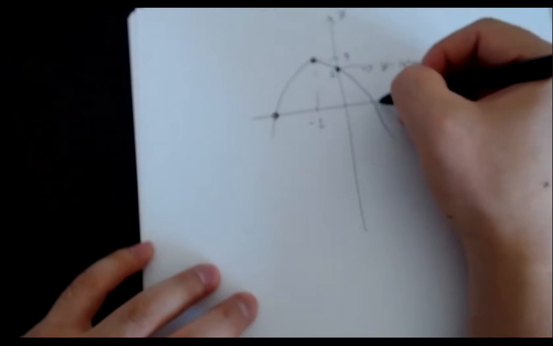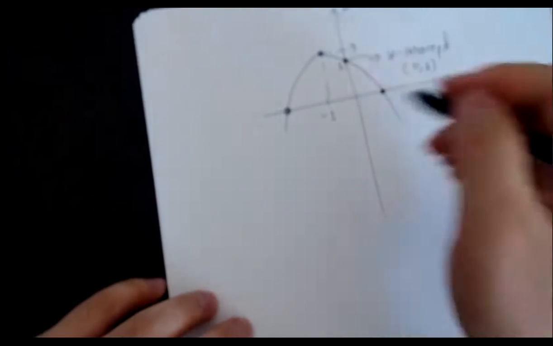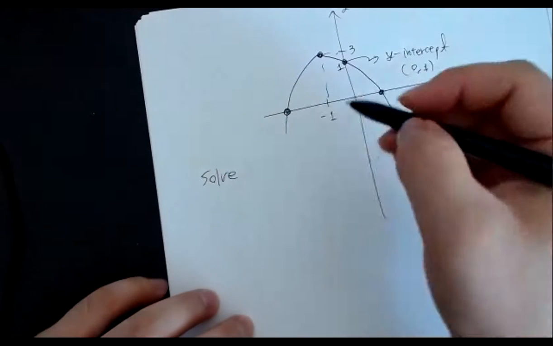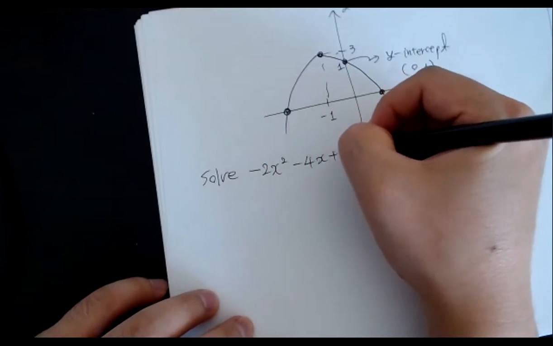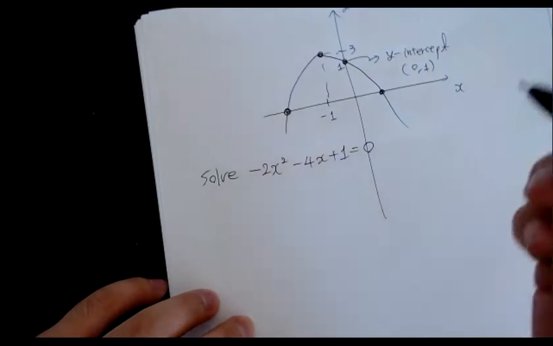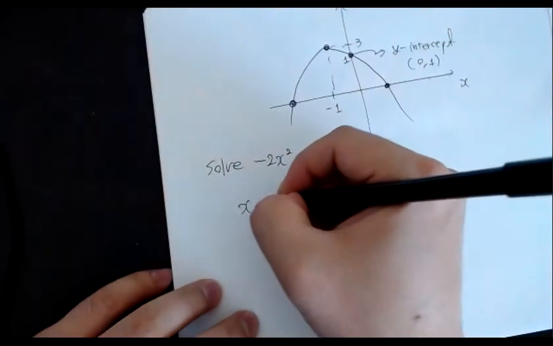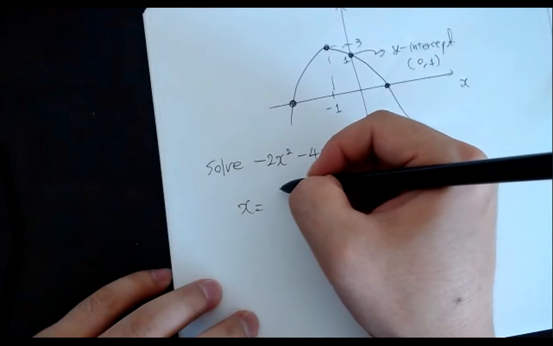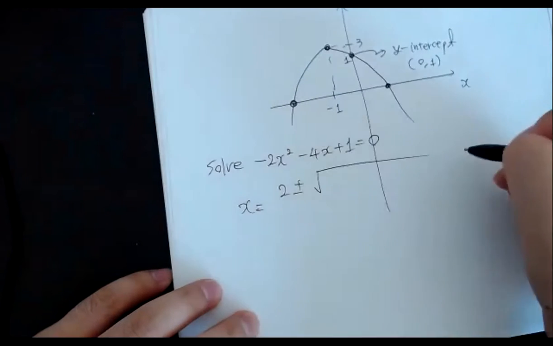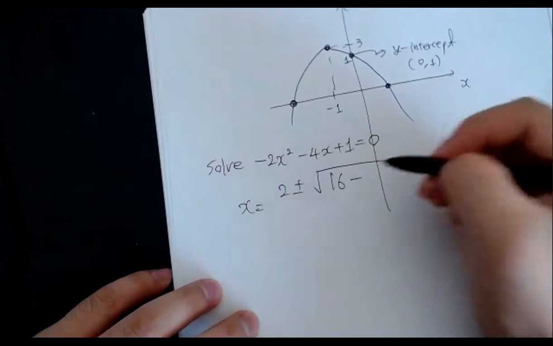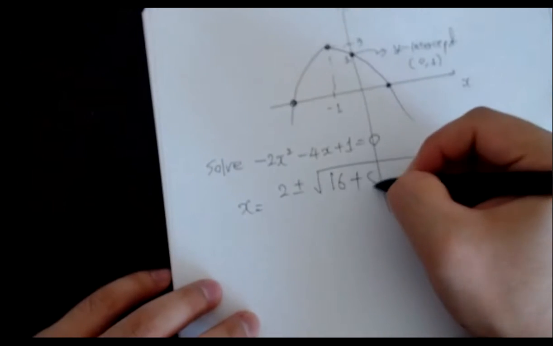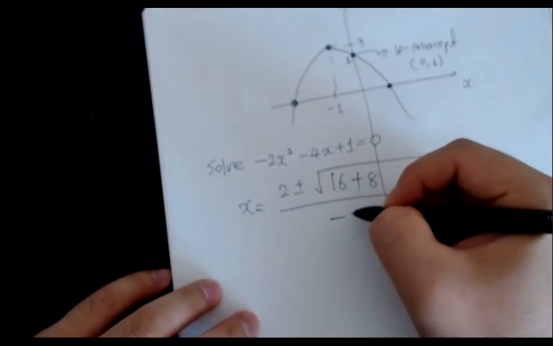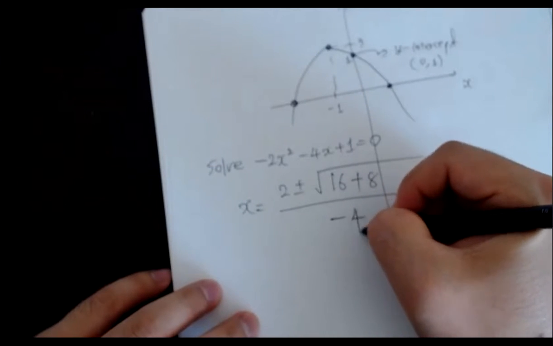And then we want to find the 2 x-intercepts. So we solve -2x squared minus 4x plus 1 equals 0. Yeah, I'm going to use the quadratic formula. So x is equal to negative b, which is 4, plus or minus the square root of b squared minus 4ac, so plus 8, over 2a, which is -4.